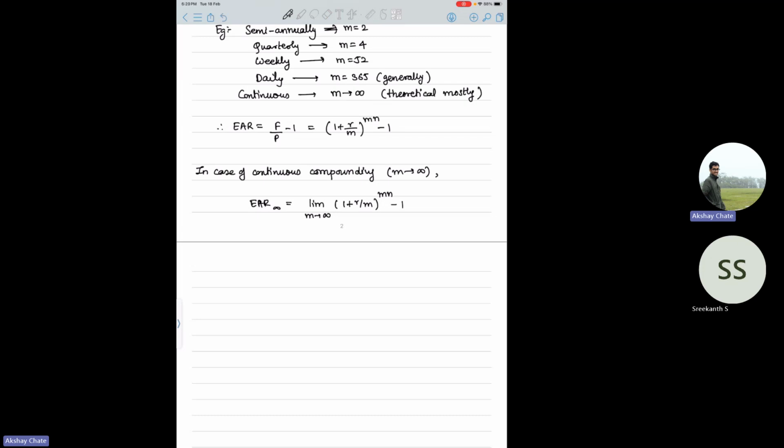I hope you know how to calculate limits. If not, I'll just tell you. It's not that difficult. Basically, put R/M as some variable x. As M tends to infinity, your x tends to 0, because it is R/M. So your limit shifts in terms of variable x.